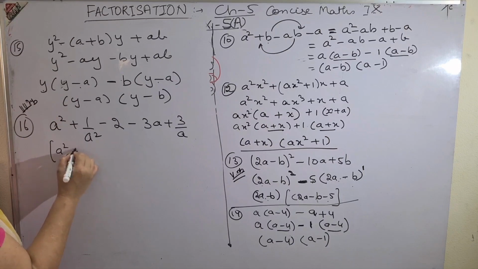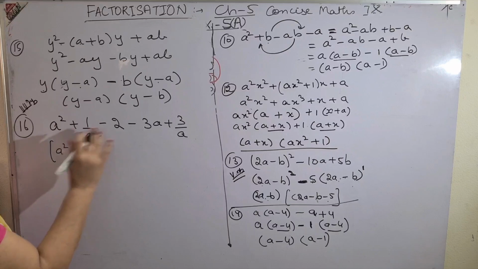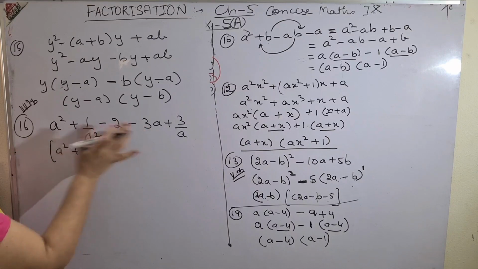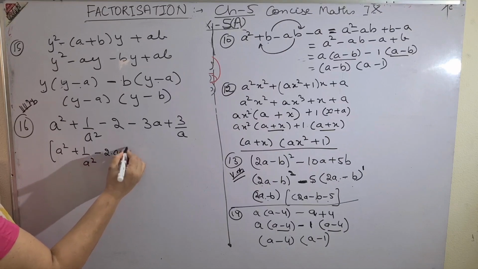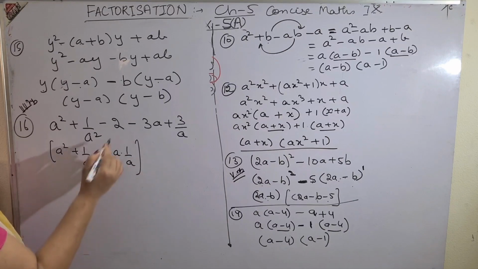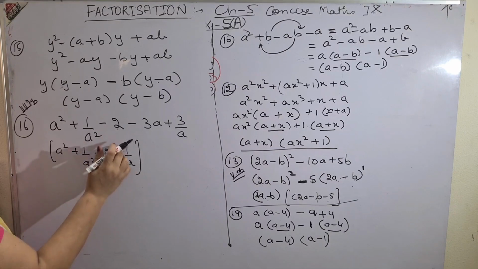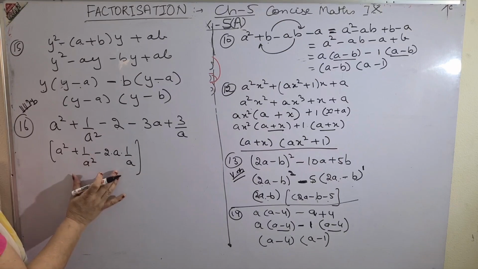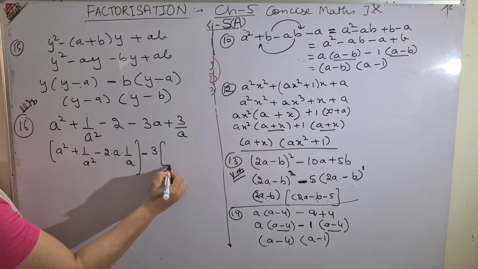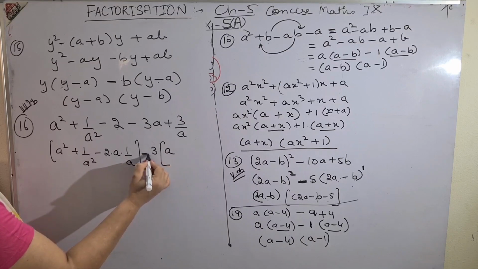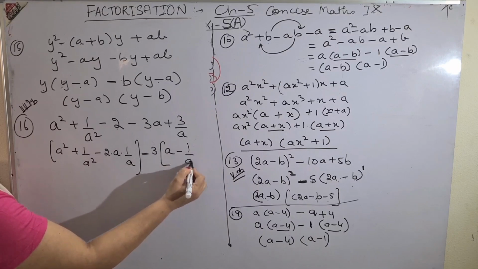A square plus 1 over a square. Since I have 5 terms, I will take 3 and 2. I will write like this, minus 2 into a into 1 over a. The value will not change because a into 1 over a will cancel, but just to present it I have written it like this. From the second, you take 3 common from the last 2 terms. This will be a, because minus outside, so a minus 1 over a.